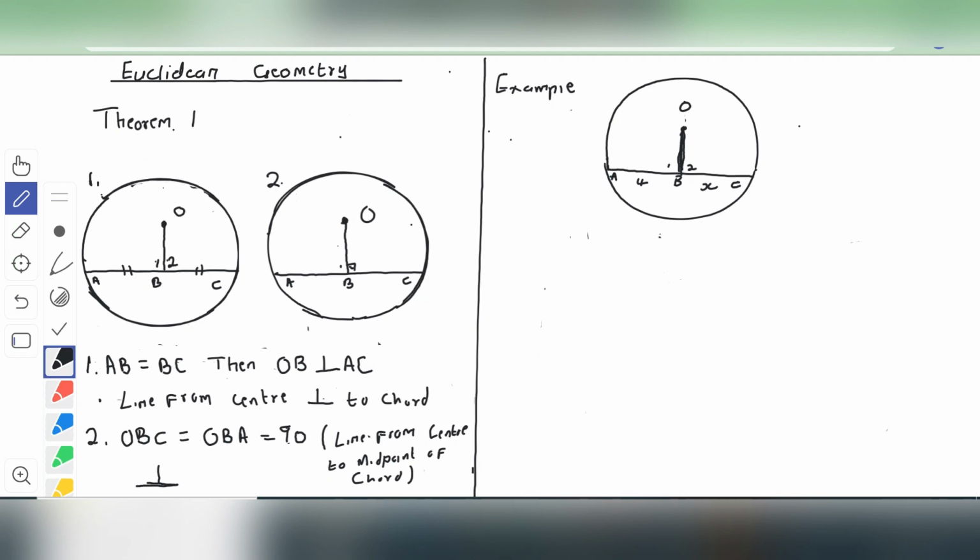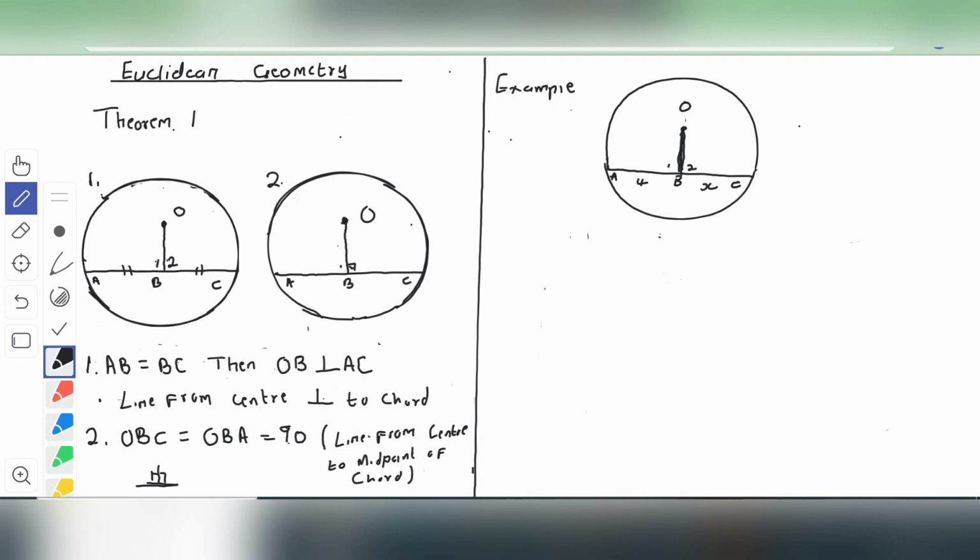We know the symbol of perpendicular is like this, and whenever we have perpendicular, these two angles formed are both equal to 90 degrees. So whenever you're given that the length AP is equal to PC, automatically angle P1 and P2 are both going to be 90 degrees, right?